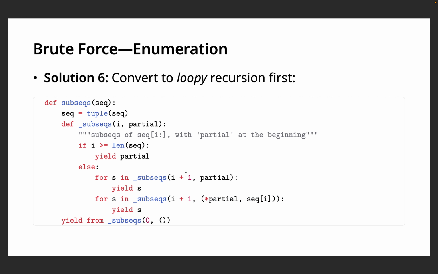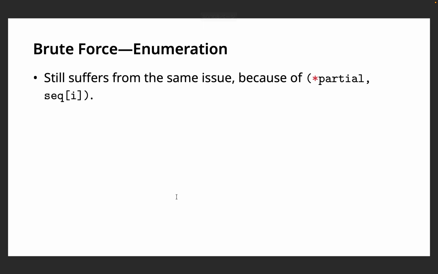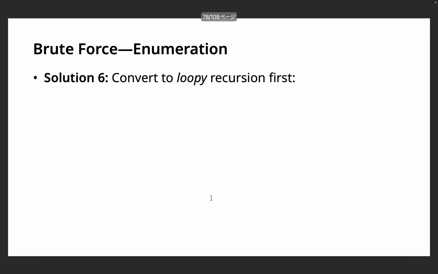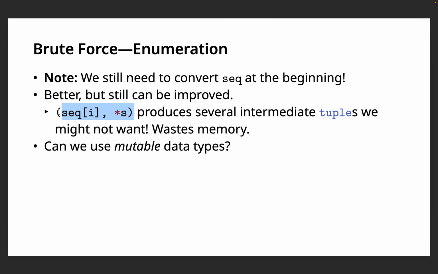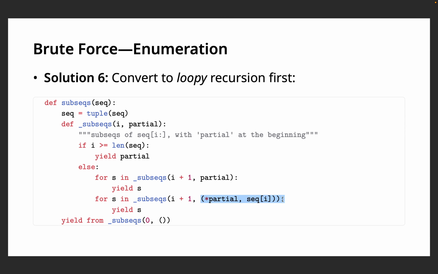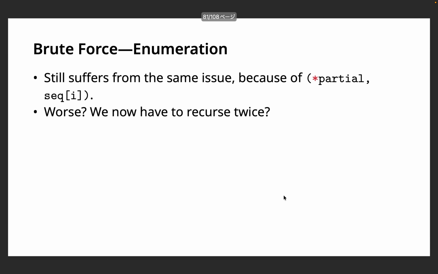Notice that we've actually gone one step backwards. We now have the two for loops yet again. Also, it doesn't really solve the issue that we had of splatting some tuple into a new tuple. That still happens in this part over here. So yeah, we have to recurse twice again here.